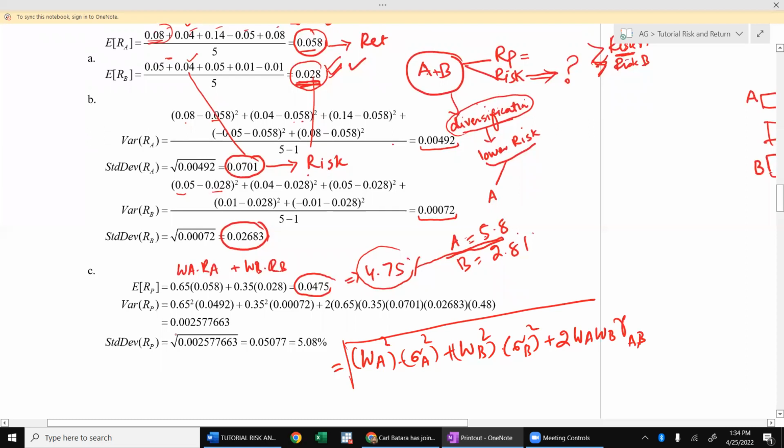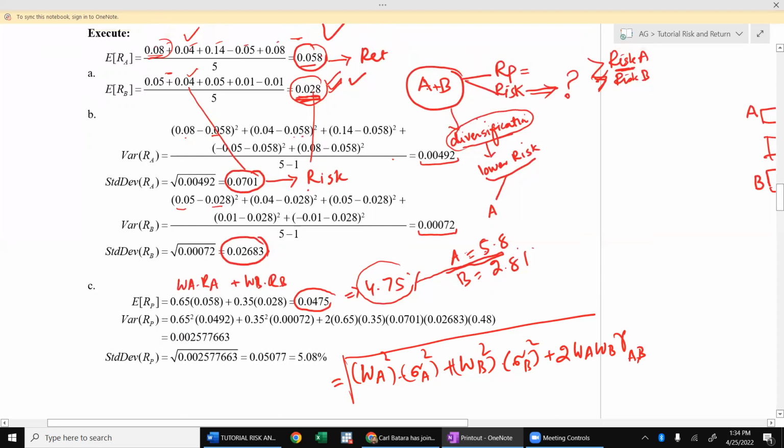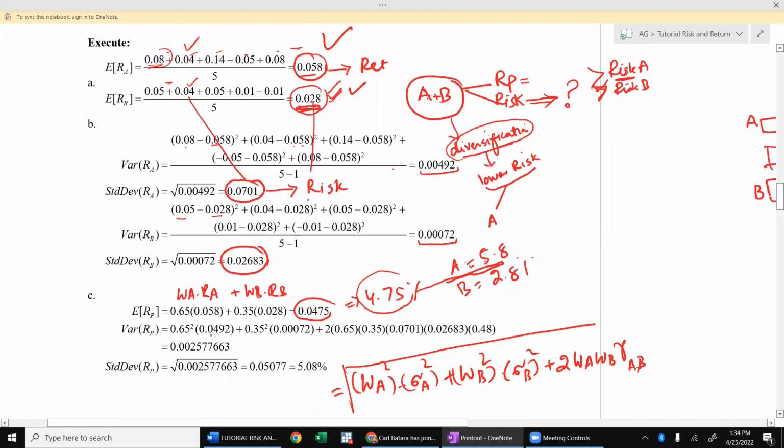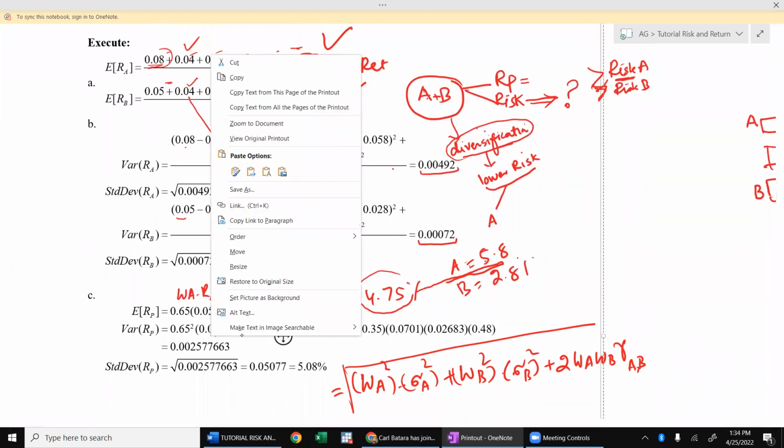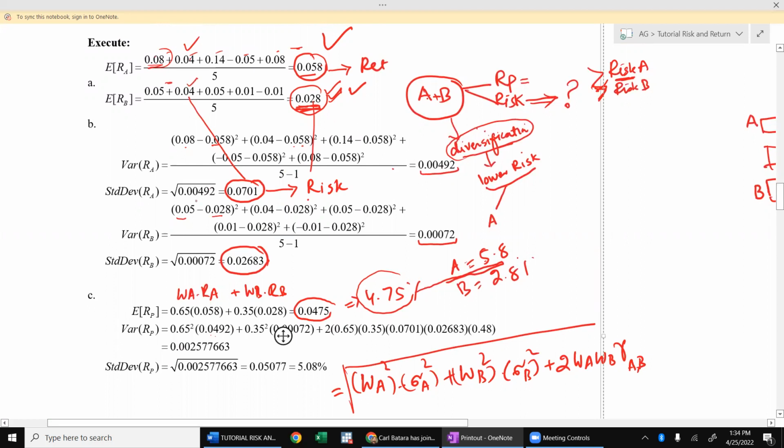Here 0.65 is the weight and 0.0049 is the variance. They did not take the standard deviation, they have just used variance, meaning they did not take the square already.